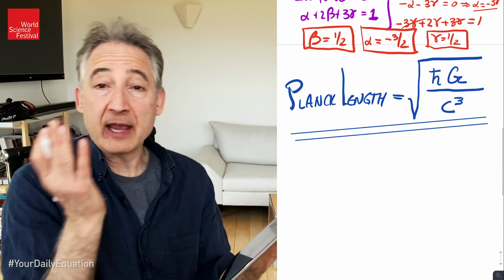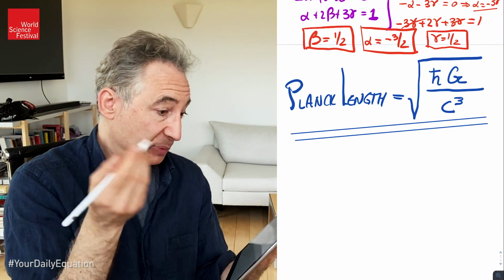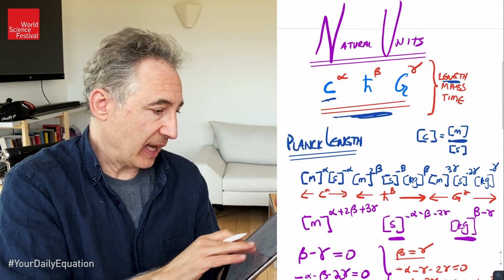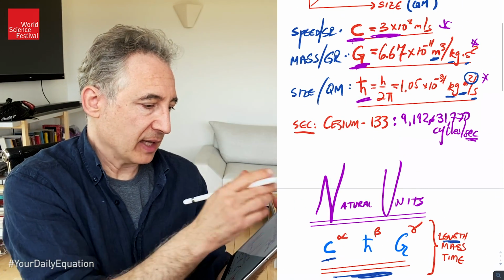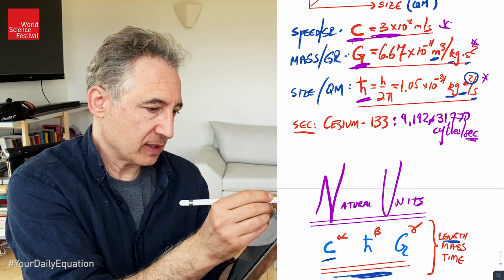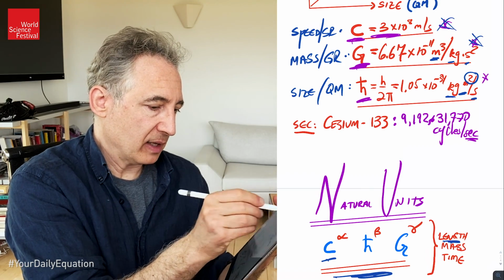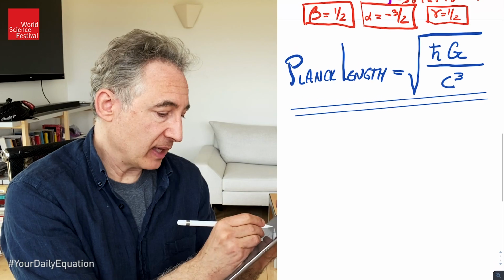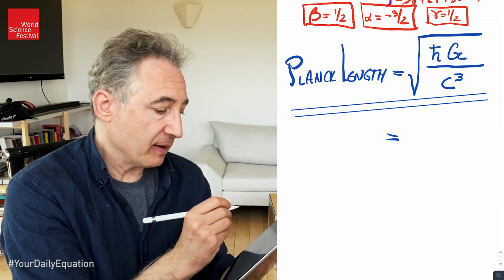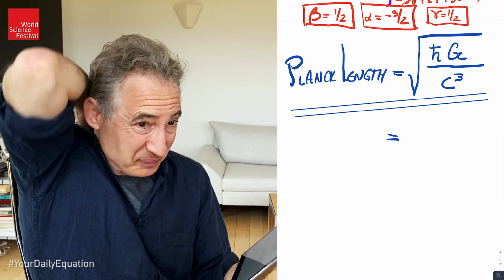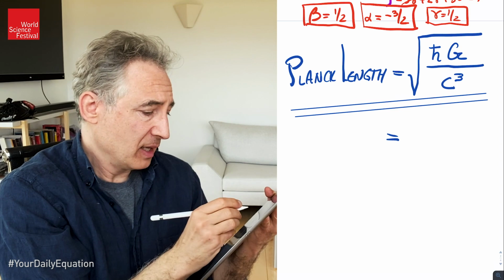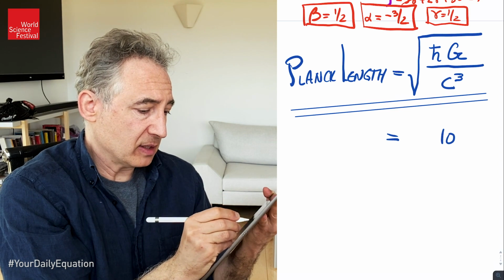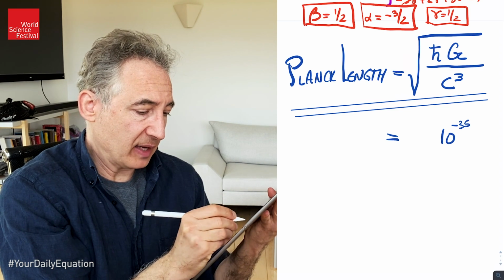And in terms of everyday units, you can now plug in the values that we have over here for the constants in everyday units. So again, here they are. And if you just plug them into a calculator and work out, you will find that the numerical value of this is about 10 to the minus 35 meters.